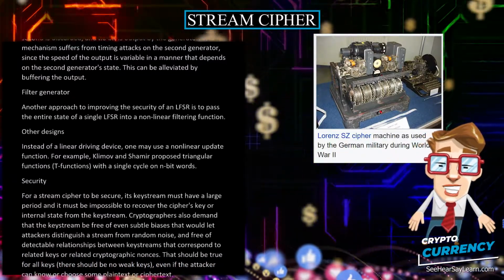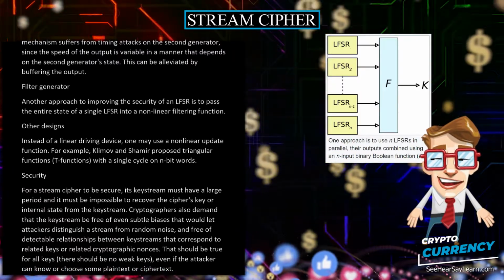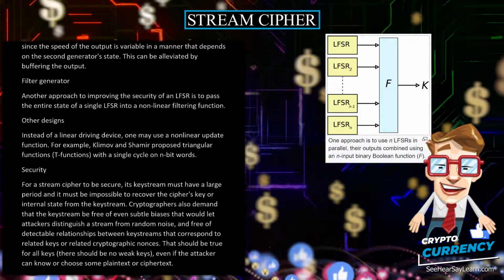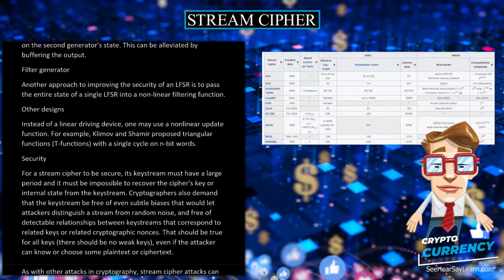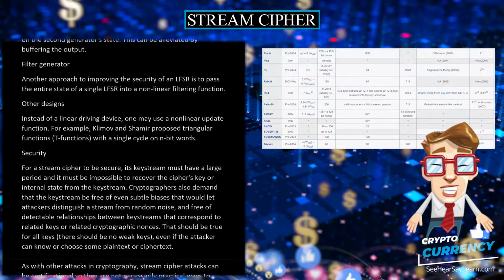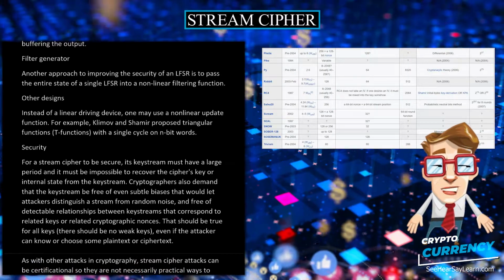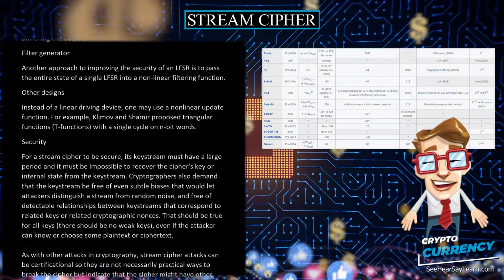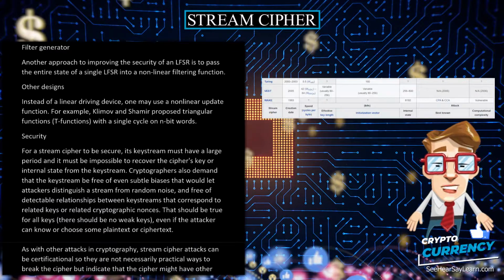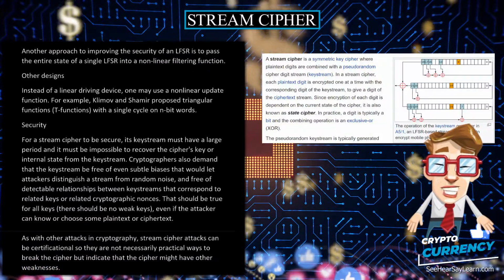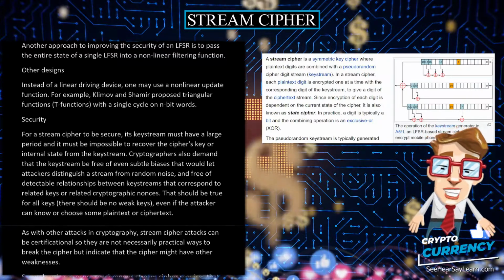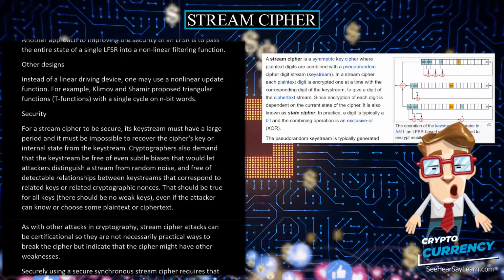Security. For a stream cipher to be secure, its keystream must have a large period and it must be impossible to recover the cipher's key or internal state from the keystream. Cryptographers also demand that the keystream be free of even subtle biases that would let attackers distinguish a stream from random noise, and free of detectable relationships between keystreams that correspond to related keys or related cryptographic nonces.